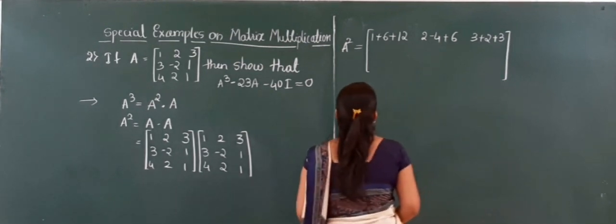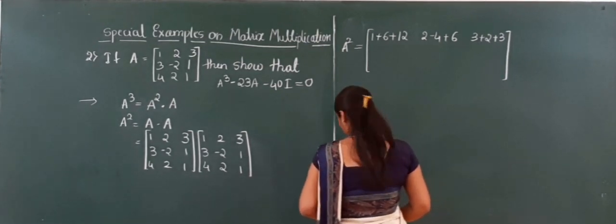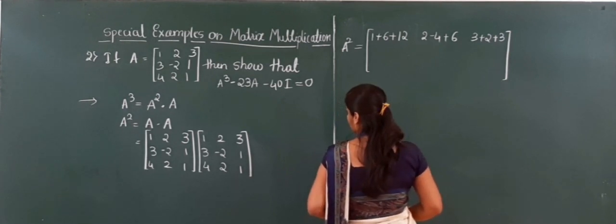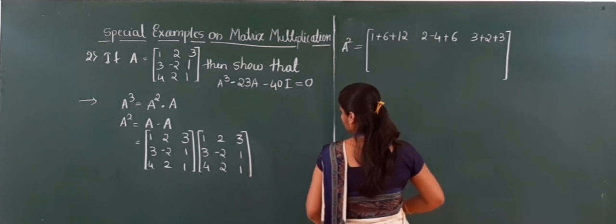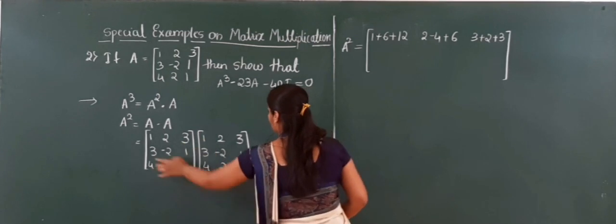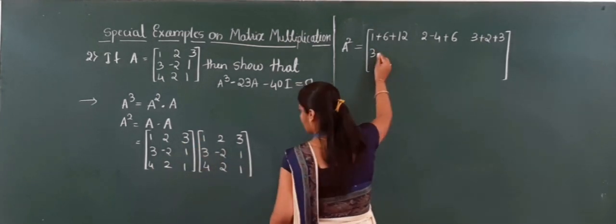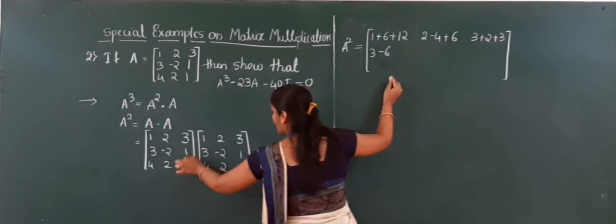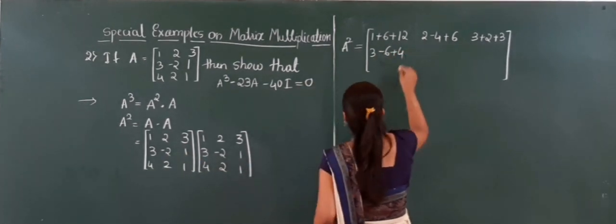So next, that is second row, first column: 3 ones are 3, minus 2 into 3, that is minus 6, 1 into 4 plus 4.